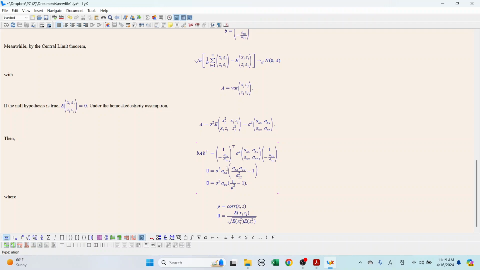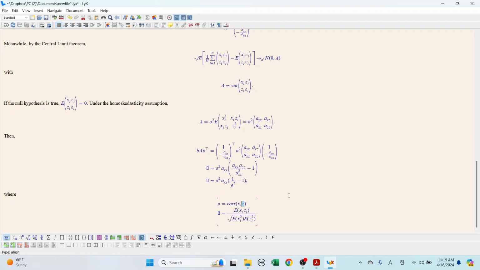Or you can just expand everything without simplifying, so that is also possible, but it will imply something. And remember, the correlation between x and z is a very important parameter in IV estimation, and it comes up again in testing. Okay, anyhow, we got this.